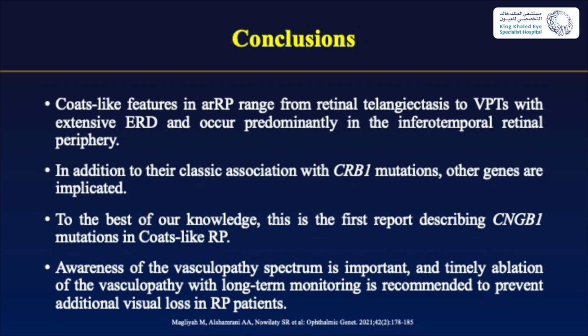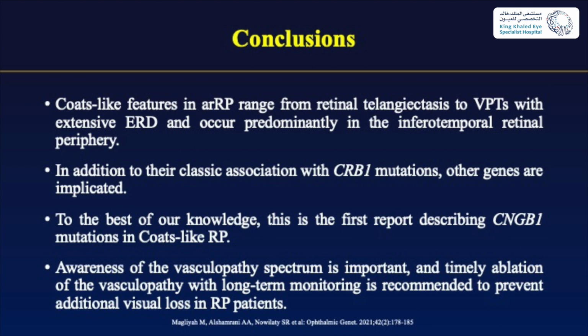So in conclusion, COATS-like features in autosomal recessive retinitis pigmentosa range from retinal telangiectasis to vasoproliferative tumor with extensive exudative retinal detachment and occur predominantly in the infratemporal retinal periphery. In addition to their classic association with CRB1 mutations, other genes are implicated.